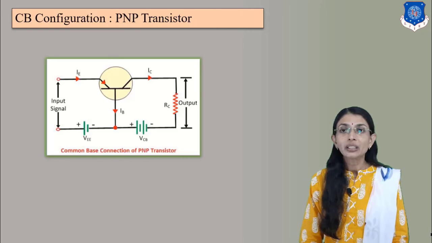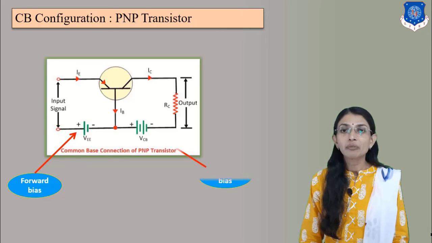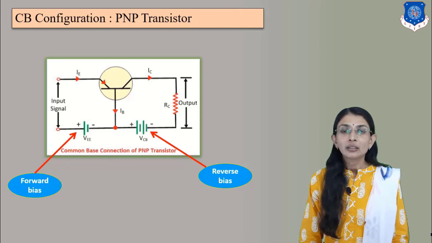So the input loop is connected in forward biasing, VEE should be forward biased and VCB must be reverse biased. If the VEE positive terminal is connected to P-type emitter, then it is forward biased, and if VCB is connected with the collector, the negative terminal of VCB is connected with P-type collector, so again it is the reverse bias connection.